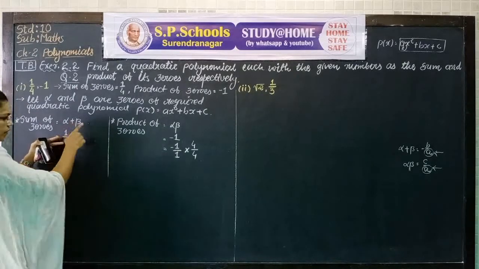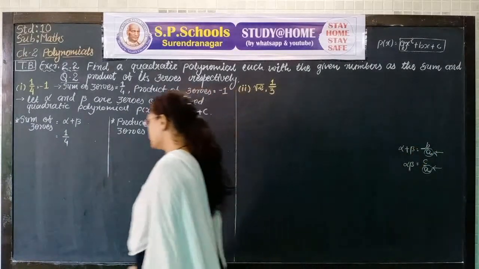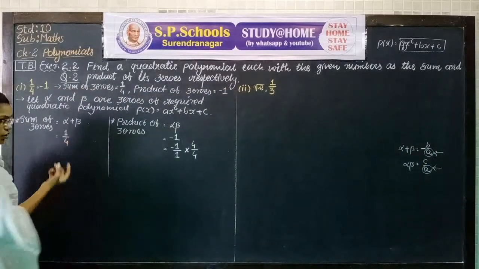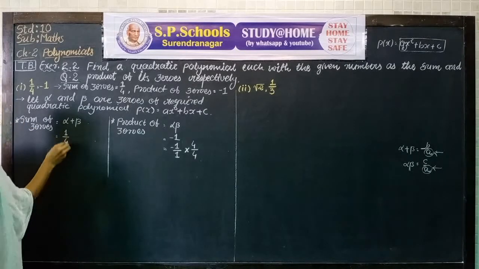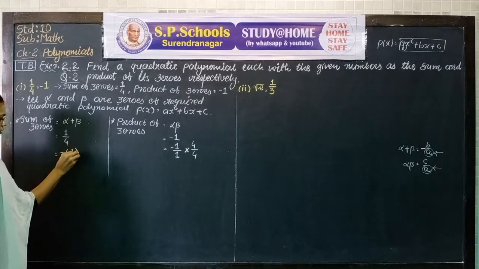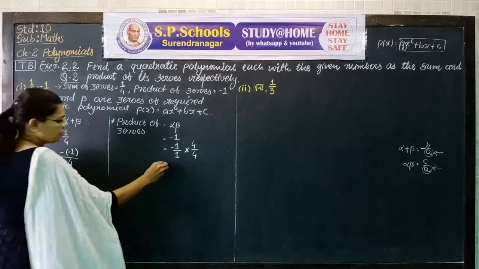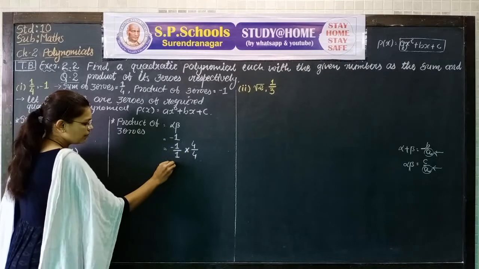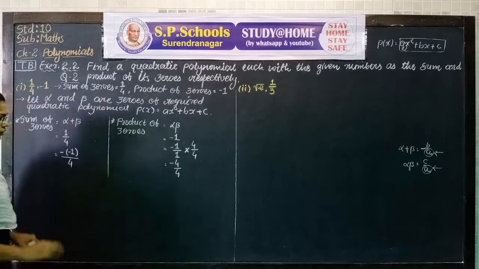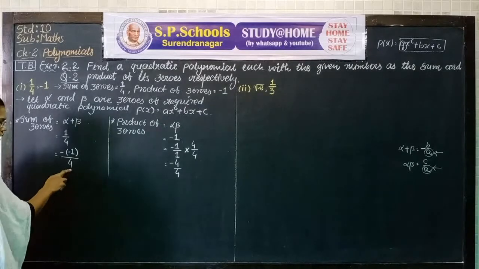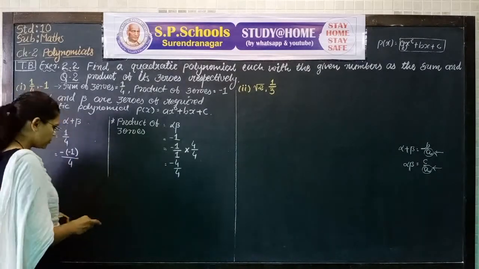Second thing, alpha plus beta is equal to minus b upon a. But 1 upon 4 does not contain any minus. That's why we multiply by minus 1 two times: minus 1 times minus 1 upon 4, which is minus 1 multiplied by 4, minus 4 upon 4, and so on. Now see the comparison. Two most important steps are there.